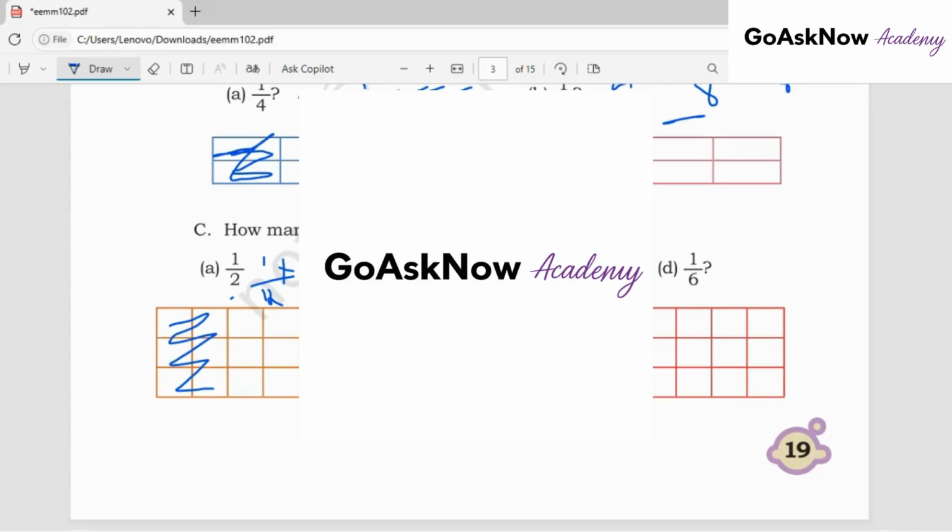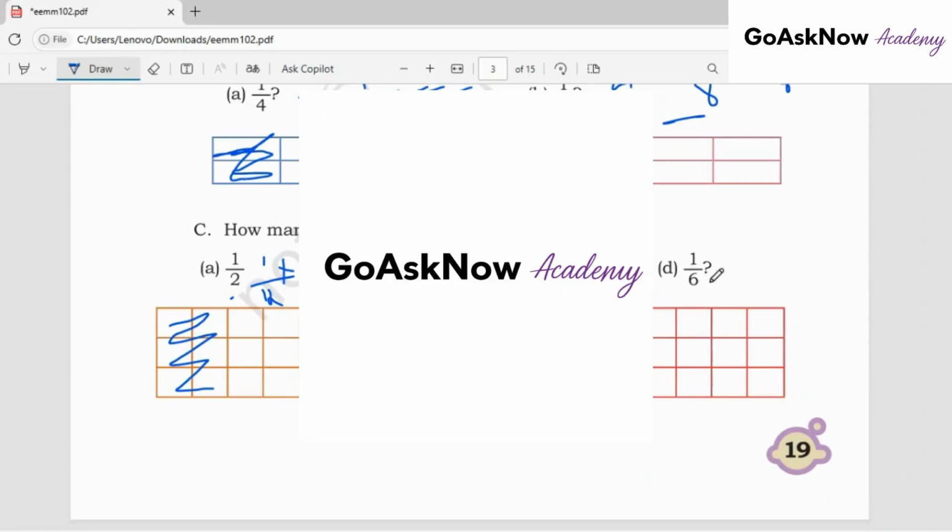Now 3 into 4 is 12. 1 by 4 is 4 by 12, so we have to shade 4 regions. Now 3 into 1 by 12: how is 3 obtained? 3 into 4 is 12. Here we have to shade 3 regions.